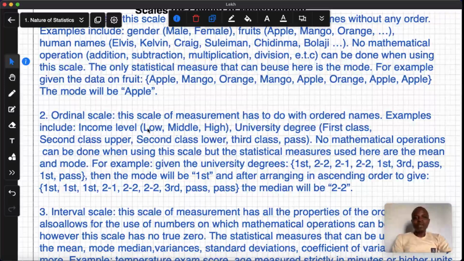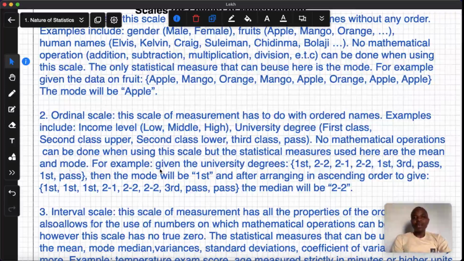Yes, the low is less than the middle is less than the high. All right, university degree, you have first class, second class upper, second class lower, third class, and then pass. So no mathematical operations can be done when using this scale, except for the fact that you can say one level is greater than the other. Okay, so you can't do any mathematical operation, but you can obtain 2 statistical measures.